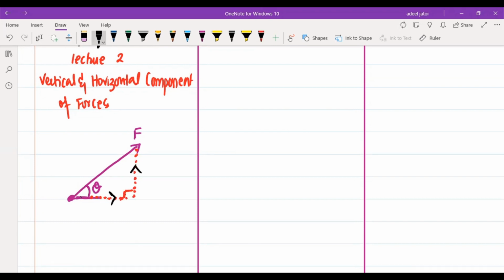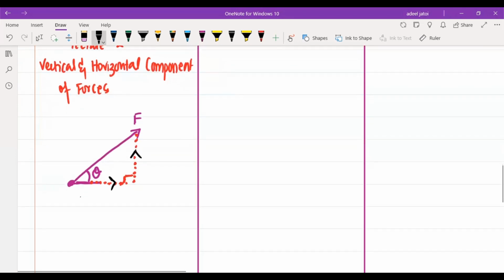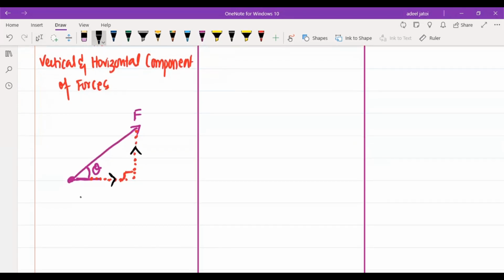So what we will end up getting as the answer, since we know the hypotenuse and we know the angle, is this: FV is equal to F sine theta, and this should be F cos theta.